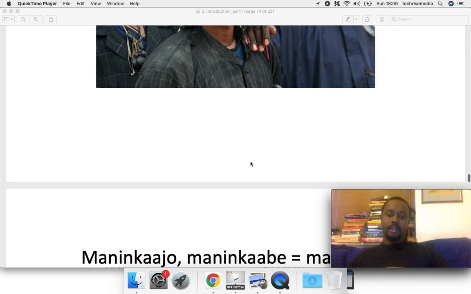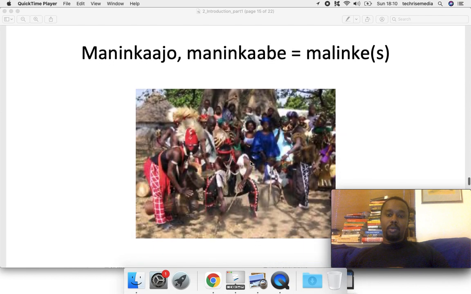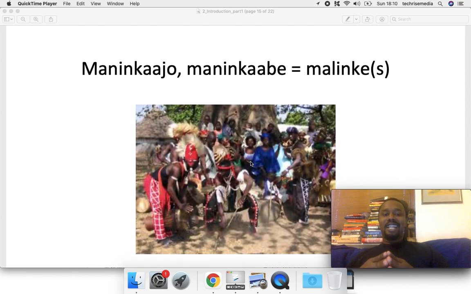And if we move on to the next one, we have Maninkajo or Maninkabe. In Guinea, there are a few different ethnic groups, I wouldn't call them tribes, different sets of groups of people. We have the Fulbe, the Maninka, the Soso, and so on. I'm trying to remember off the top of my head.